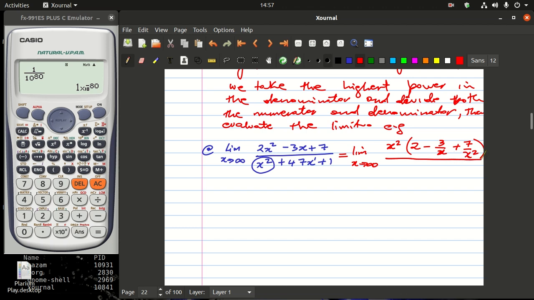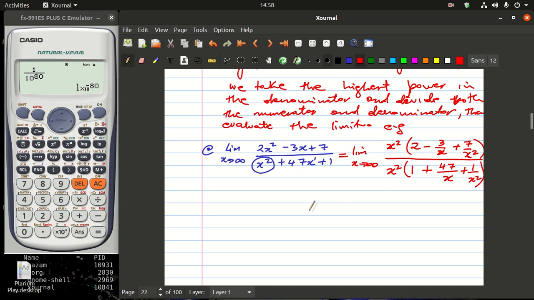You go to the denominator and we do the same thing. I'm going to have x squared, and then x squared divided by x squared, I will end up having 1, and then plus 47x divided by x squared. This x will be gone, and now you'll be left with 47 over x in the denominator, and then plus 1 divided by x squared.